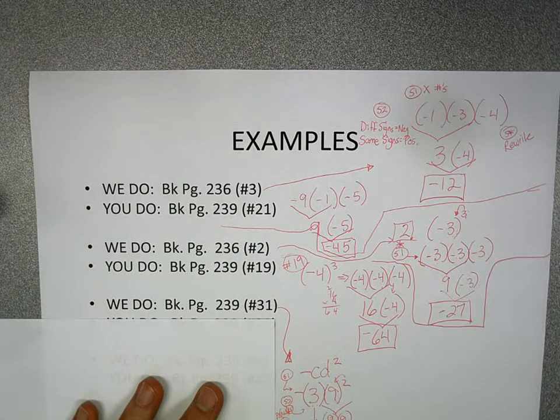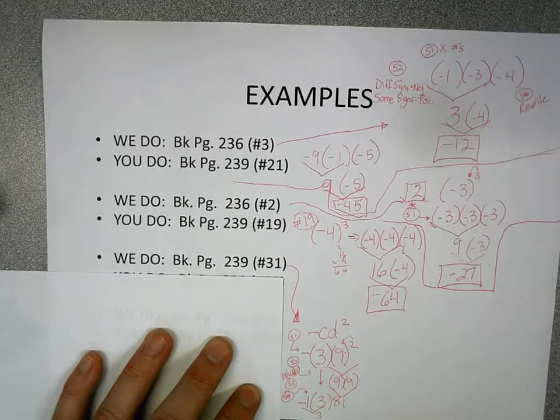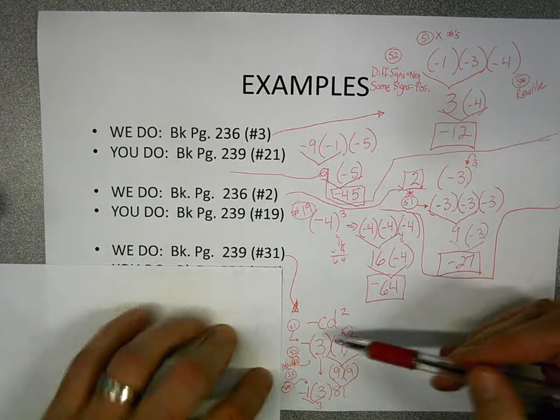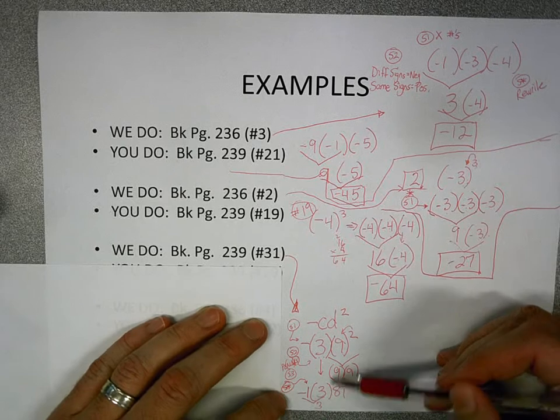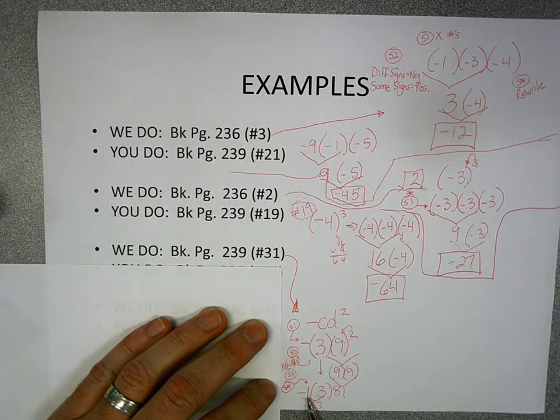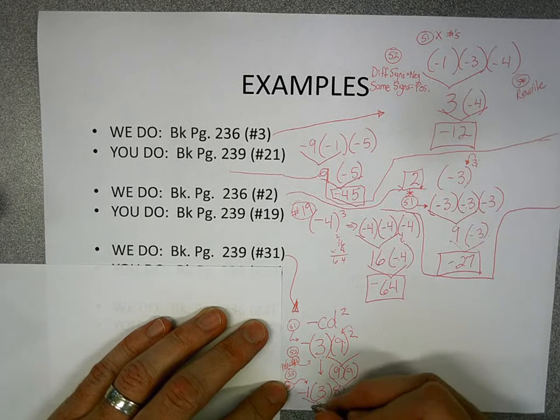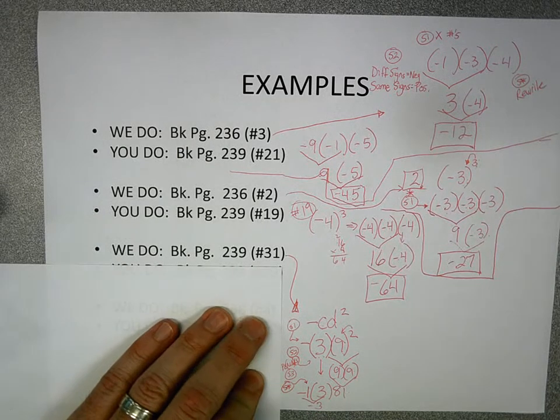It's negative 1 times 3 times 81. So at this point, negative 1 times 3, I'm going to ignore the sign. Oops, I guess it would help if I moved it up for you. Sorry about that. So we had 9 times 9 is 81. Brought down the 3. This is what I was talking about. I squeezed a 1 between the negative and the 3. I now multiply. 1 times 3 is 3. They're different signs. So I'm going to go ahead and put a negative there.